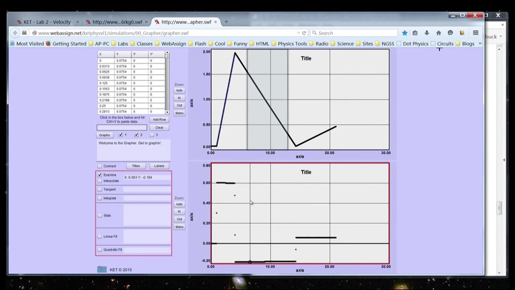Okay, what about this graph down here? What about if I drag across here and let go? Okay, and I'm going to do integrate. This area down here has an integral of minus 1.82 or minus 100. Let's see.